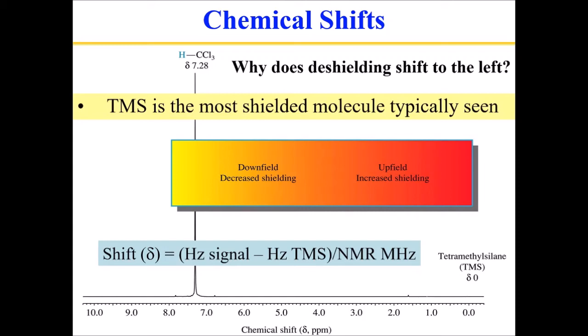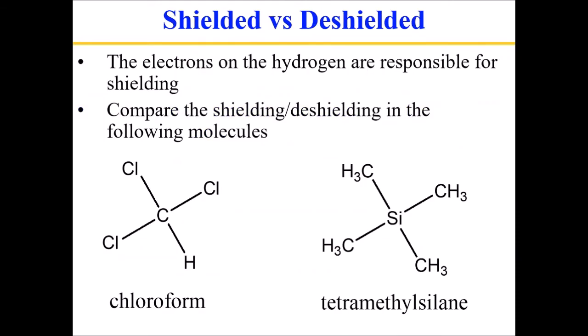And if the magnets have different strengths, then the photons that are required, even to flip the hydrogen of tetramethylsilane, is going to differ. So while these hydrogens are highly shielded, they got lots of electron density pushing against that externally applied field, but you give them a very strong magnet, then they're still going to have a relatively high amount of energy that it takes to flip them.